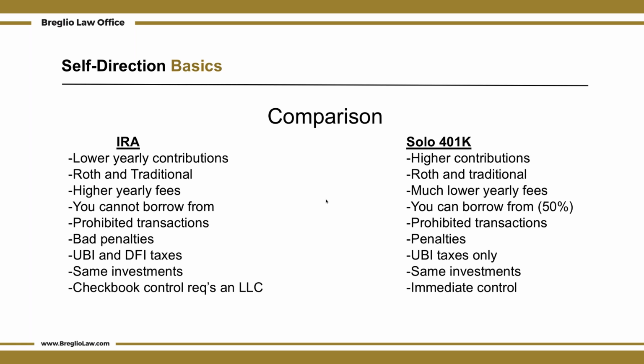We've got clients that have flipping and wholesaling LLCs where they generate lots of income. That's the one you'd want to use. We have other clients that have LLCs that hold rental properties, and yes, they make money, but most people don't generate large amounts of yearly income from their rental properties, right?